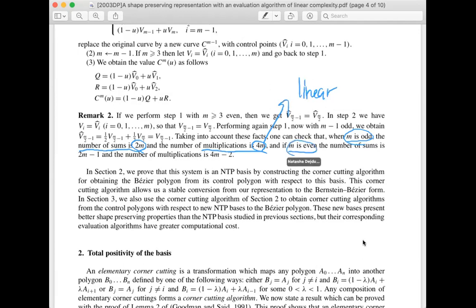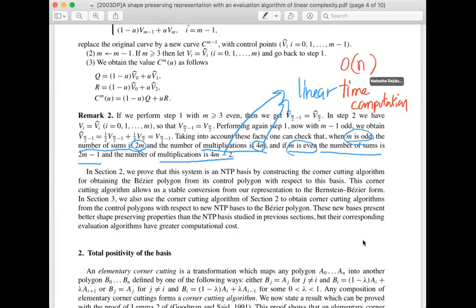And for the even case, the number of sums is 2M minus 1, and multiplications is 4M minus 2. So this one is also linear. That's why we can say this formula, or this curve, possesses linear time computation. Or we can say big O is N.